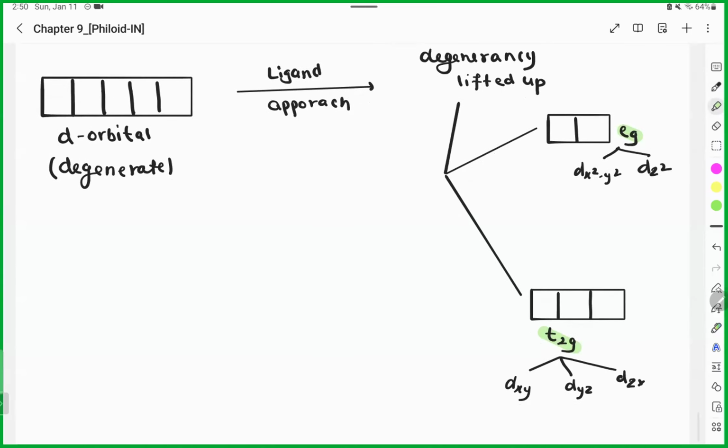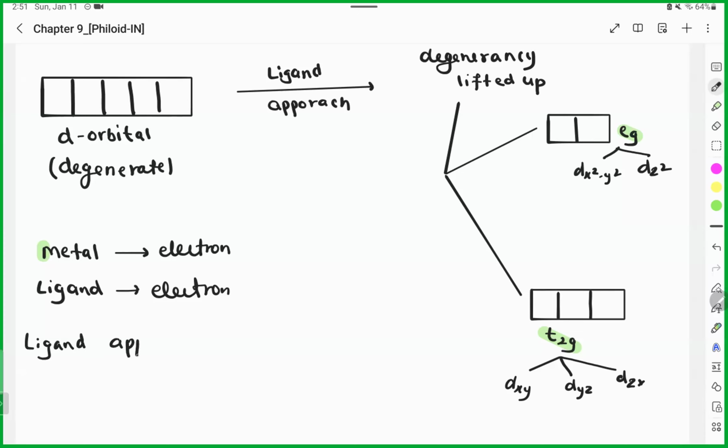example. We know metal is made up of electron. Metal contains electron. Ligand also contains electron. So what will happen when ligand approaches metal? Then energy level or stress level of the metal will increase.